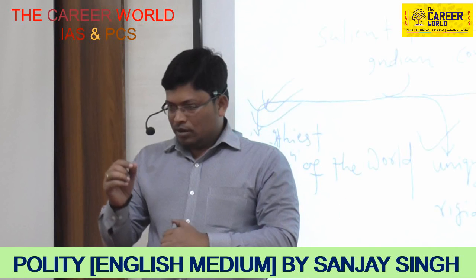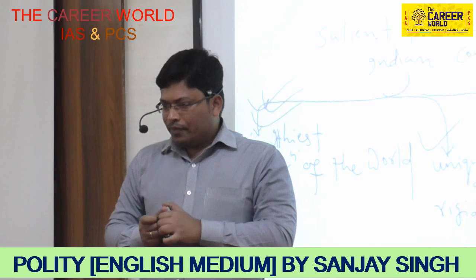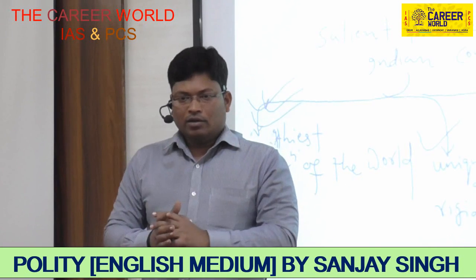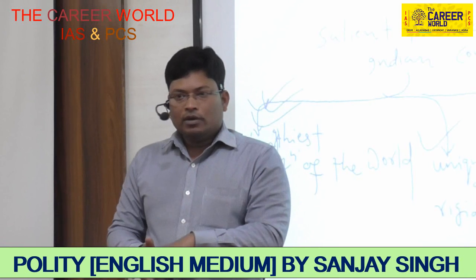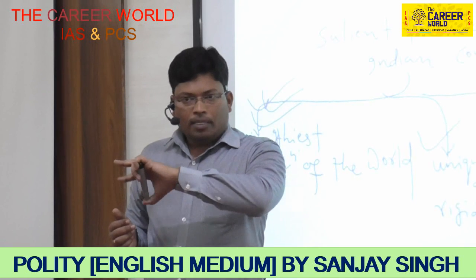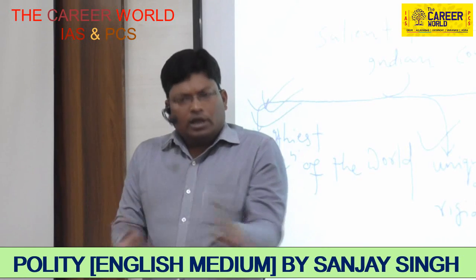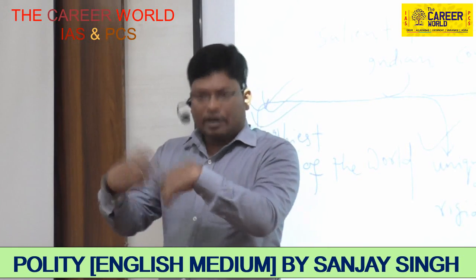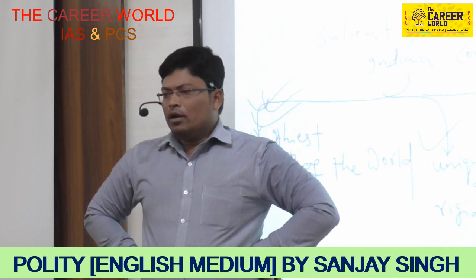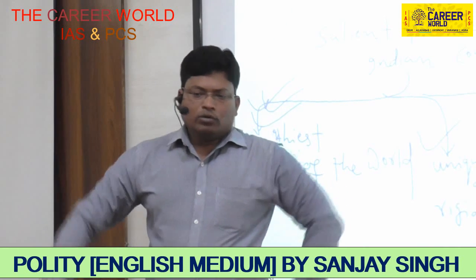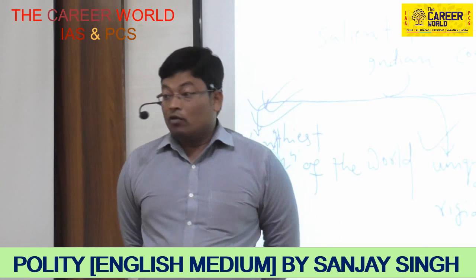Because it's the people of India only who formulated the Constitution for themselves through their representatives, either the elected representatives or the nominated representatives. See, in due course of writing down the Constitution, the makers had properly taken care of India's situations.